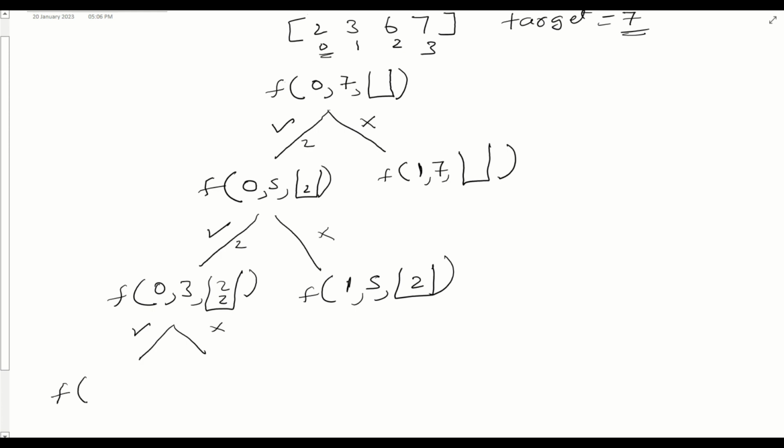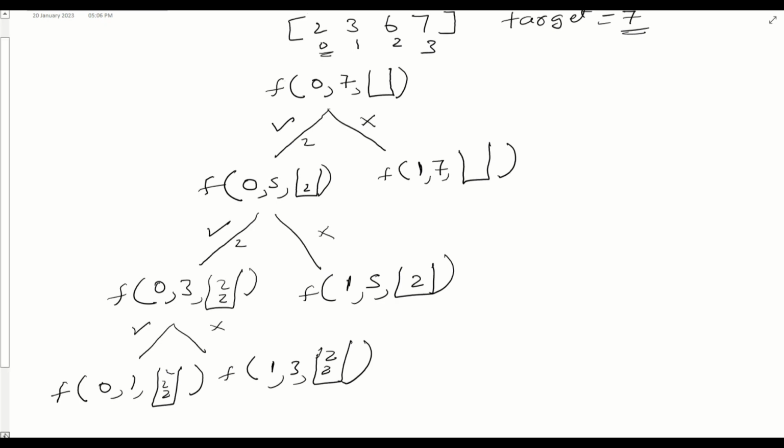If we pick it, then it will come like this, 0, then 3 minus 2 is 1, and the data structure will look like this, 2 2 2, right? And if we won't pick it, then it will be index 1, then 3, and the same 2 2, right?